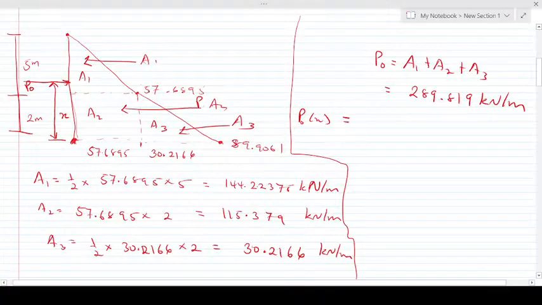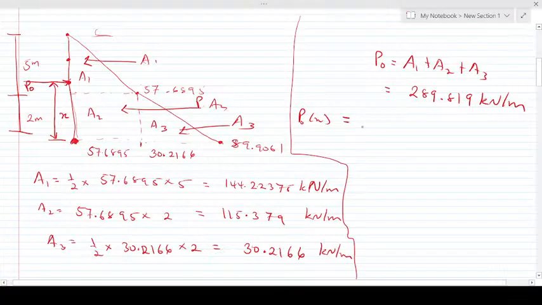They should be equal to A1, which is also acting in this direction. We'll take a moment about a distance from here to here. The moment arm for A1 is just going to be the centroid of A1 plus the remaining distance to this side.